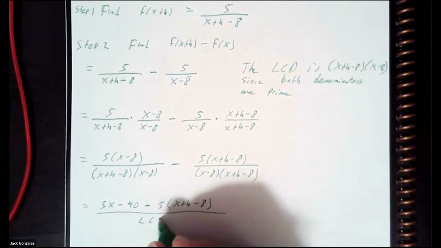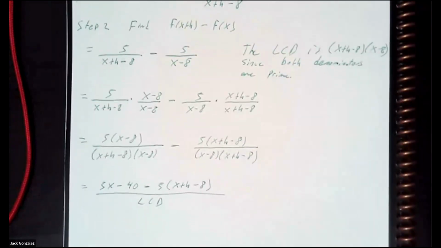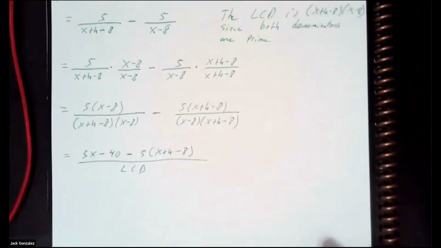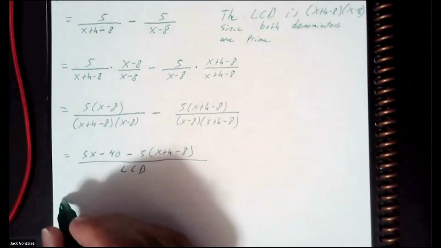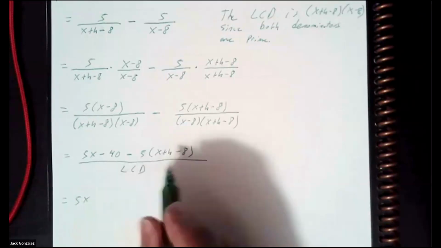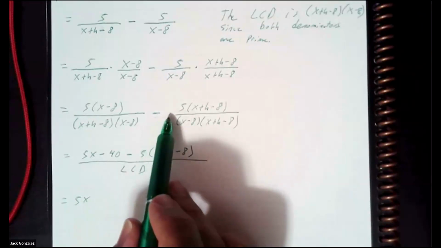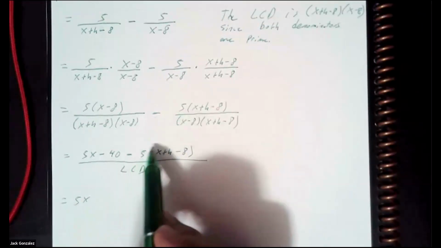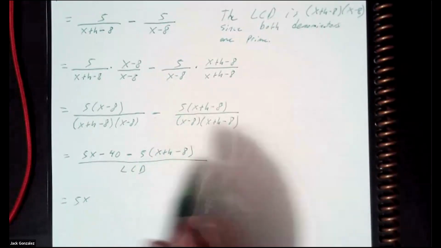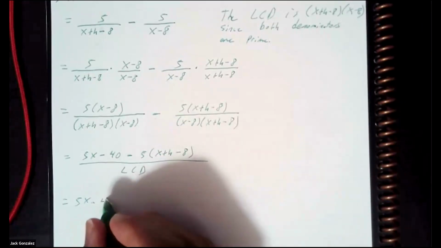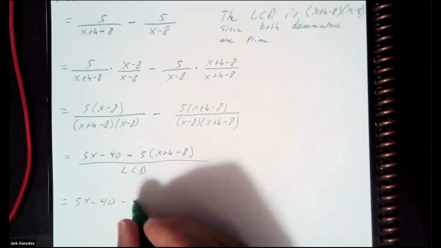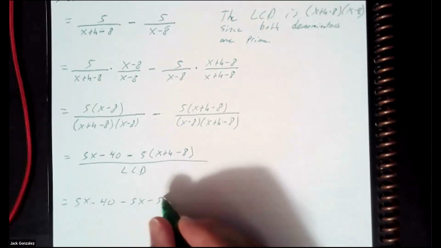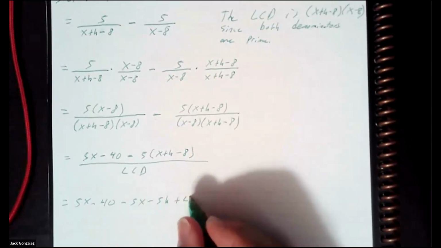I'm going to write LCD because I'm lazy. Are we not multiplying the 5 with the x plus h minus 8? We will. I just want to put it this way so you can see that this minus is going to be on everything. This will be minus 5x minus 5h plus 40.